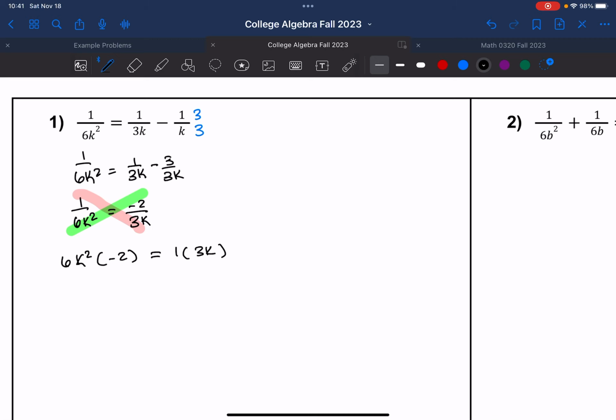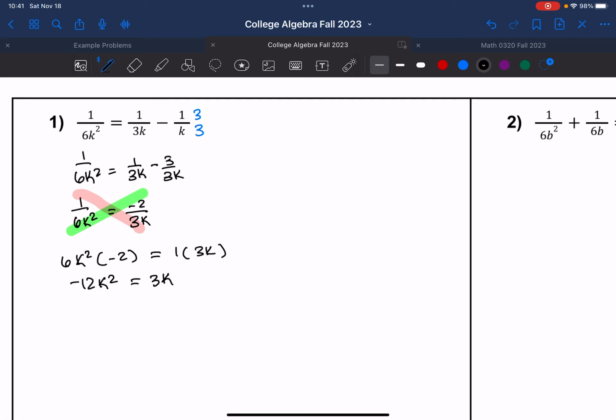Notice when I did this, I got rid of all of my fractions. So now I'm simplifying. 6k squared times negative 2 is negative 12k squared, is equal to 1 times 3k, which is 3k. In order to solve this, we're going to have everything equal to 0.